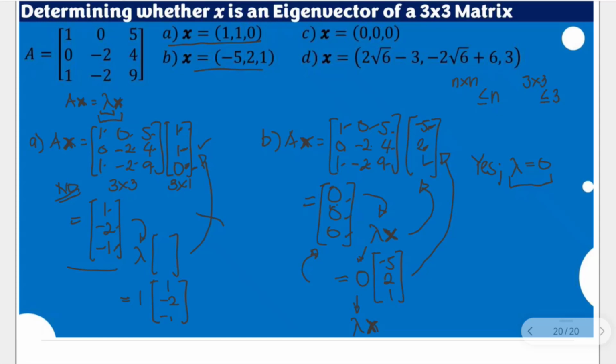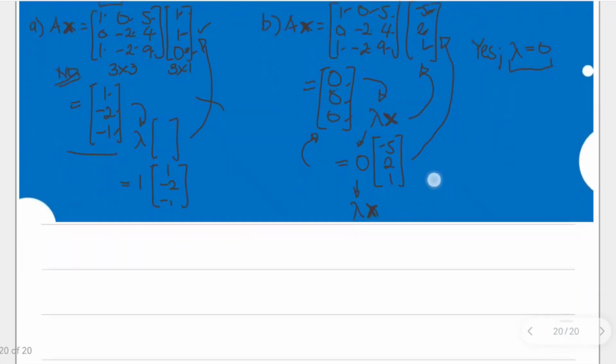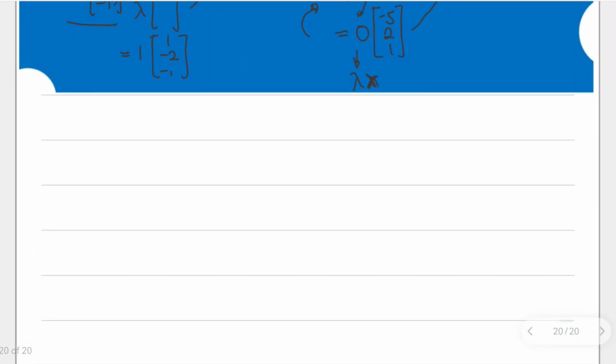So we have one already. Now let's continue with our third vector, 0, 0, 0. Let's try to examine how it will look. So of course, you will have Ax still.